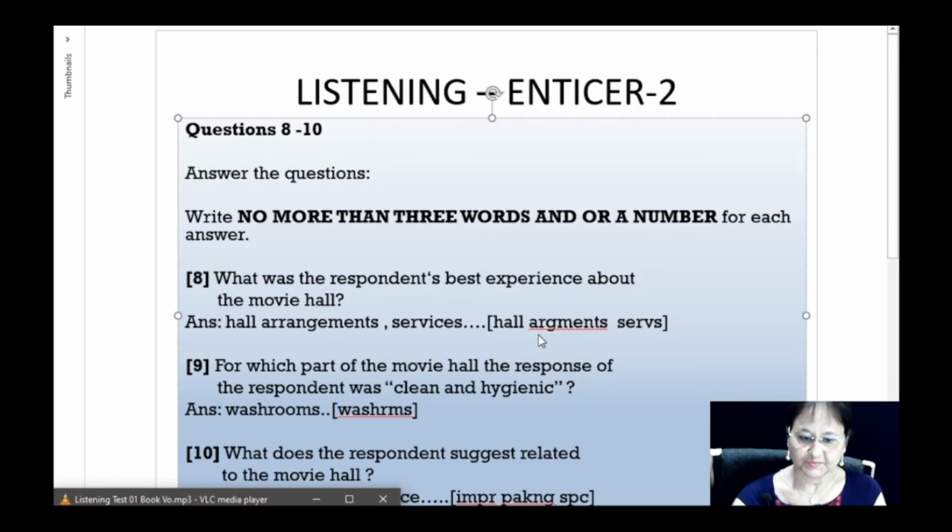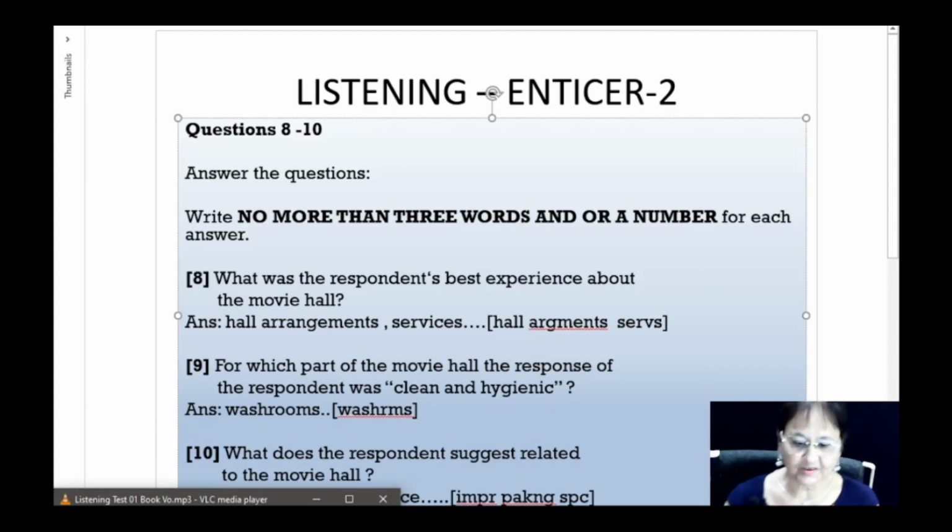They provide exceptional services. Now, what about the washrooms? They're really very clean and hygienic, even easy to use for elderly visitors. That's really nice. I've just one last question. Do you have any suggestions for improvement of the movie hall? Yes, parking space should be increased. I never find a place to park. It's really annoying sometimes. That's all. Thanks for sparing your precious time.